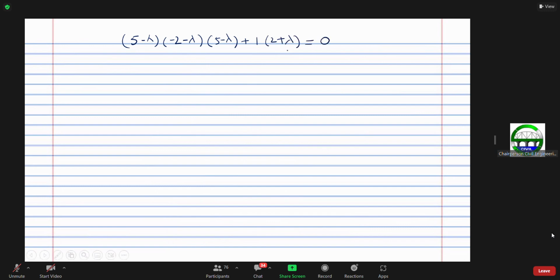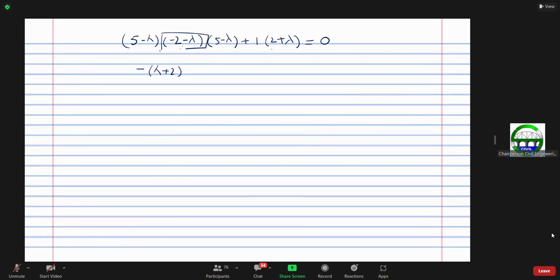Let's try to open it again and further solve it. Two minus this one, 5 minus this one. So let's take minus 2 minus lambda, which is minus (lambda plus 2).